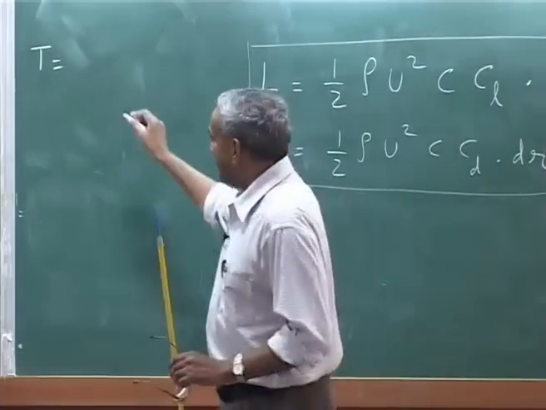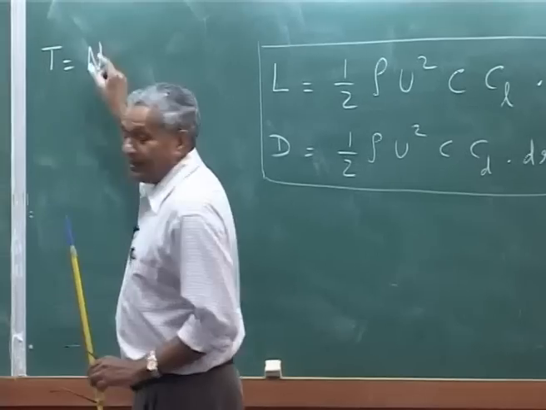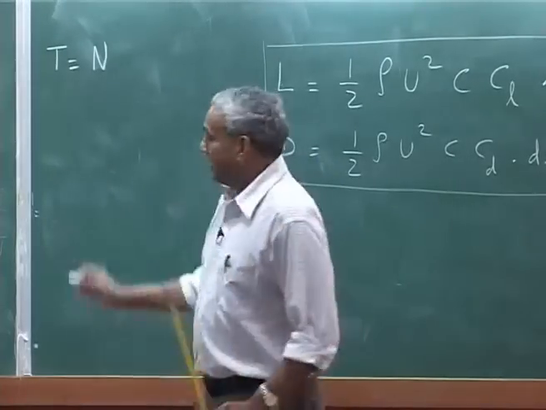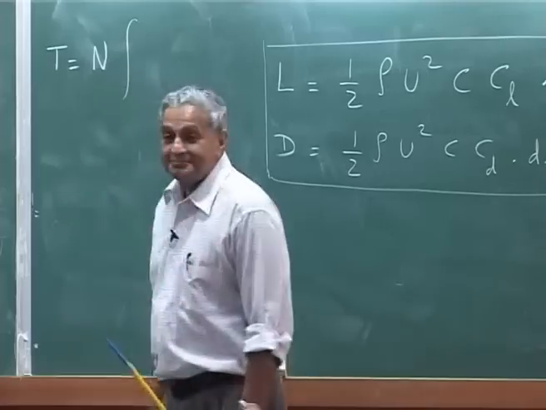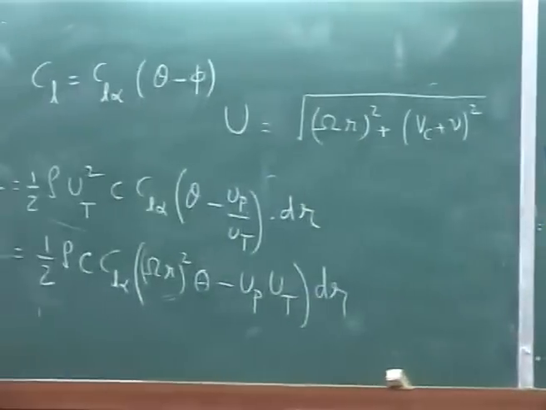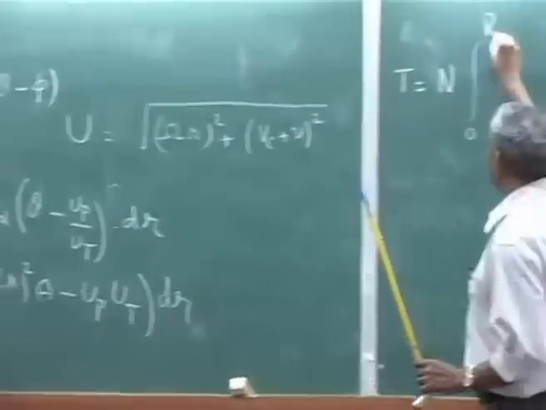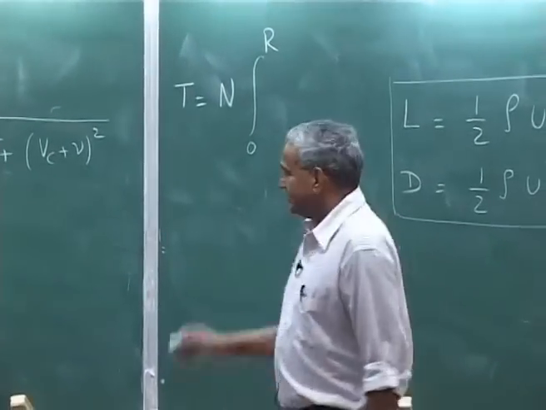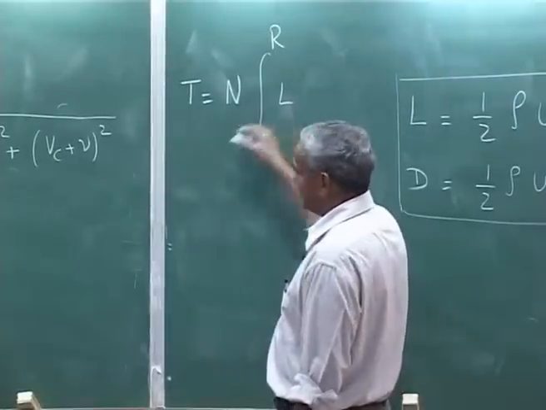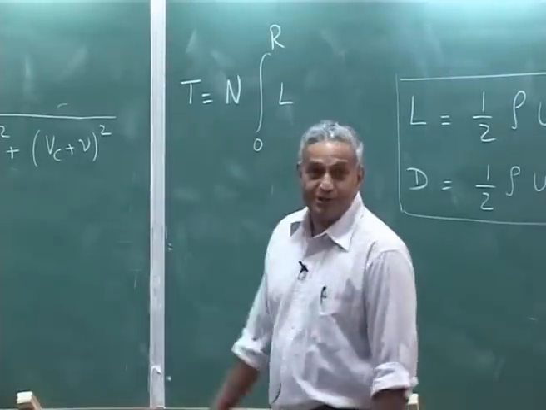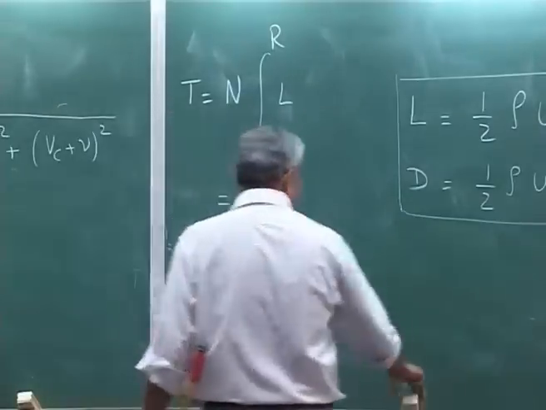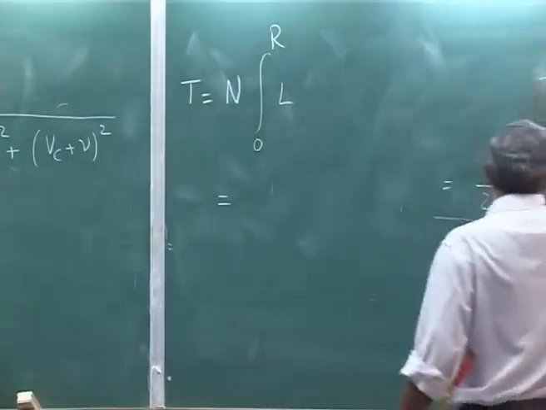That means I will simply put the number of blades n, all right, and then I have to integrate this expression from 0 to capital R. The entire expression you write, you will have the full expression, which is maybe I will write this, then I will do the non-dimensionalization, because that is important.